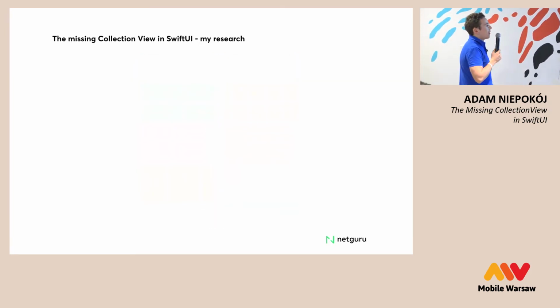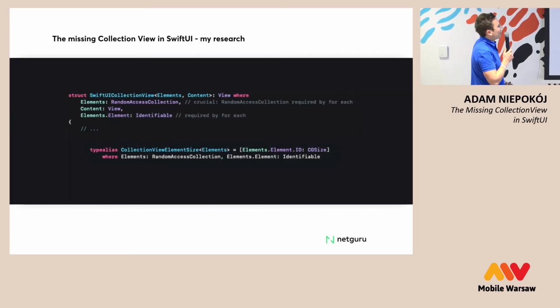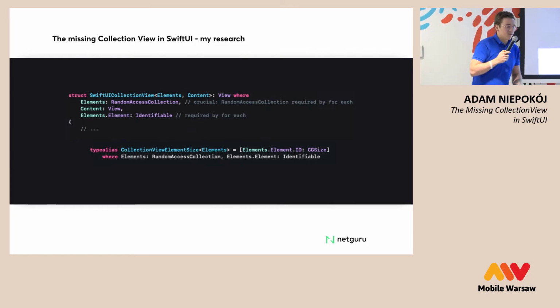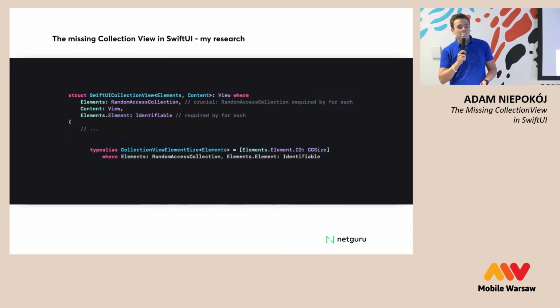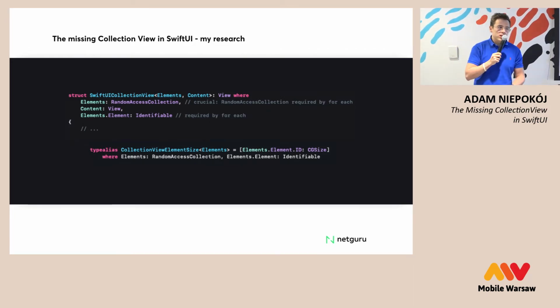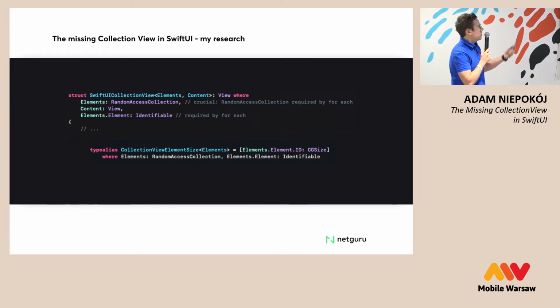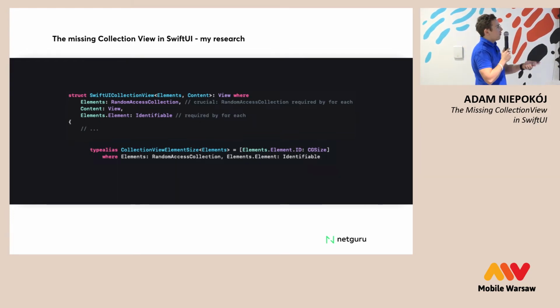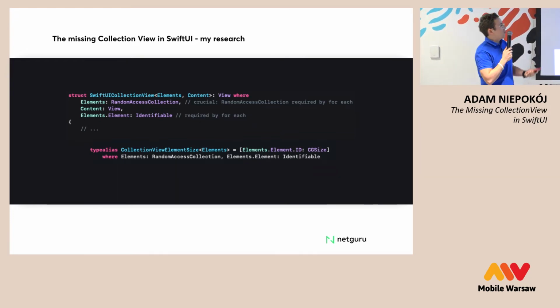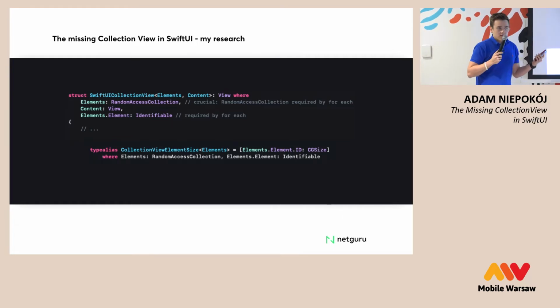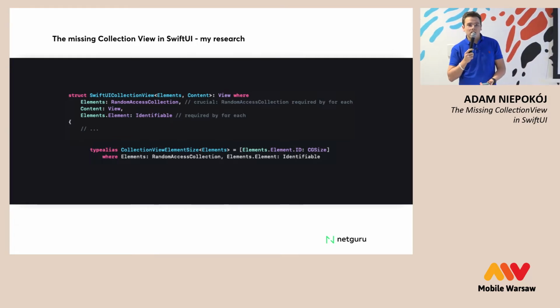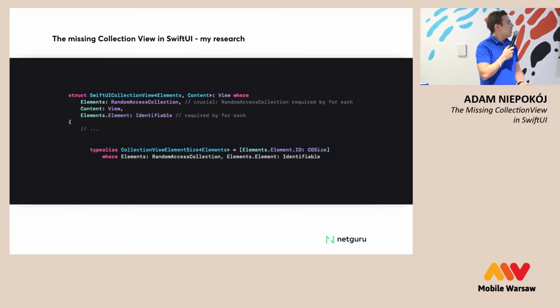Anyway, coming back to the topic. While implementing my collection view in SwiftUI, I focused on the basic object. You might see this around the presentation at a further point. Basically, in SwiftUI, the views are structs. It's a difference from UIKit where the views are classes.